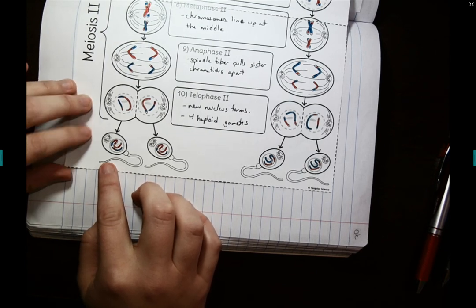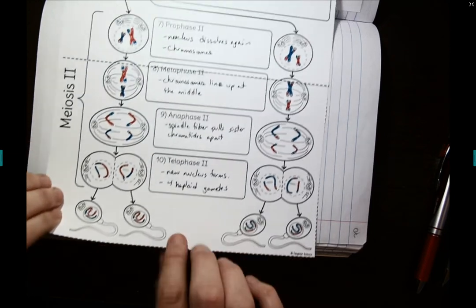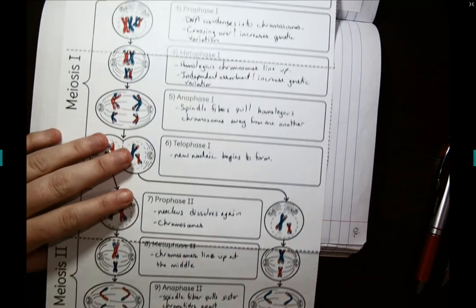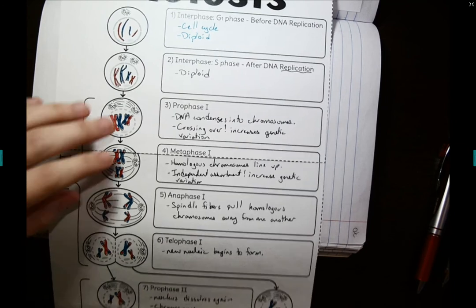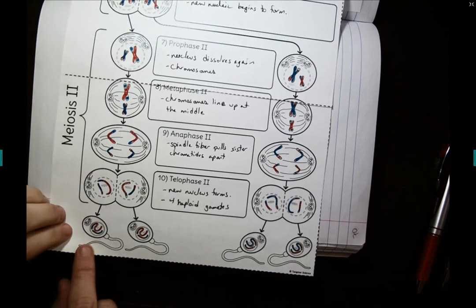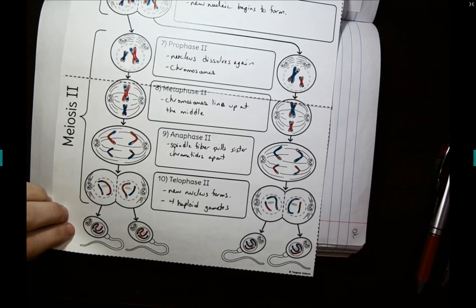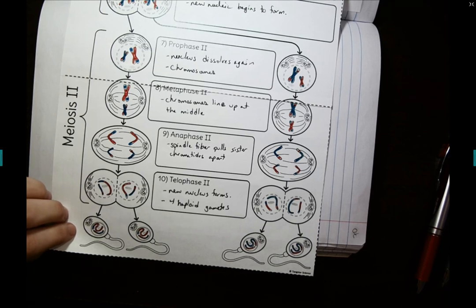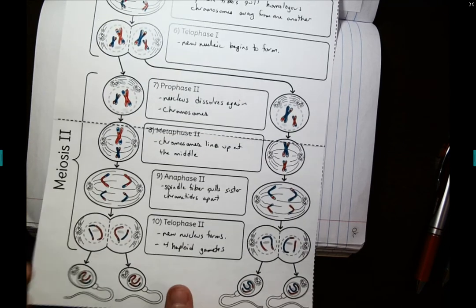We can talk about it some more. But overall, the goal of meiosis is to create haploid gametes that will then go on in fertilization and sexual reproduction to become diploid again, to have a full set so that we can reproduce.